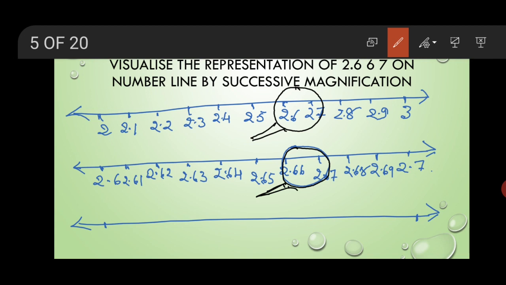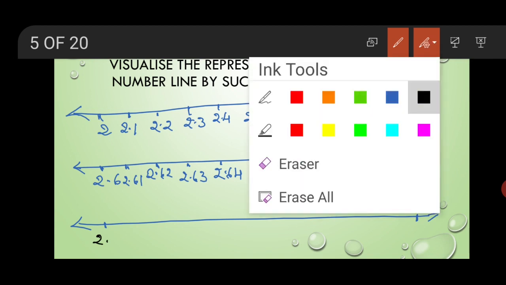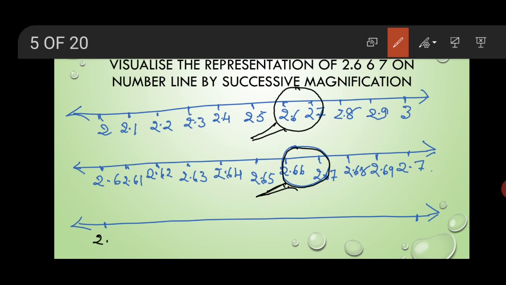Now these 2 points are what? Again you have to zoom in. This is 2.66 and this is 2.67. Divide into ten parts.